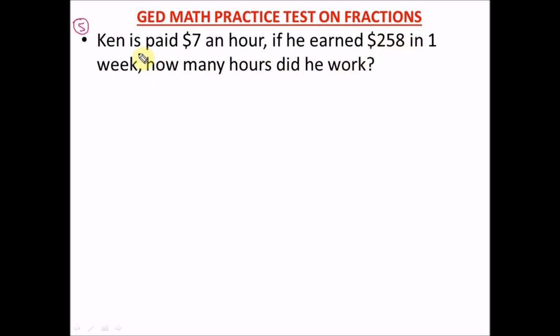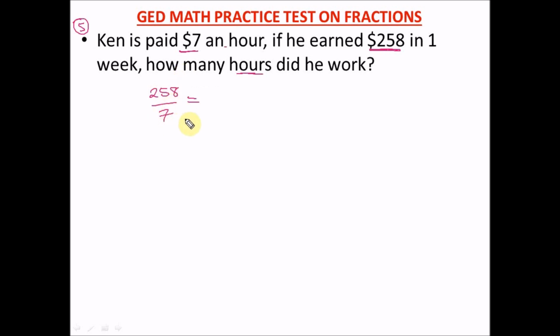It simply means if he's paid this amount an hour and he earned this in a week, how many hours? It's just simply 258 divided by 7. That will give us how many hours, because he's paid $7 for 1 hour and he earned this in 1 week. So to get the amount of hours he worked, we simply divide this by 7.